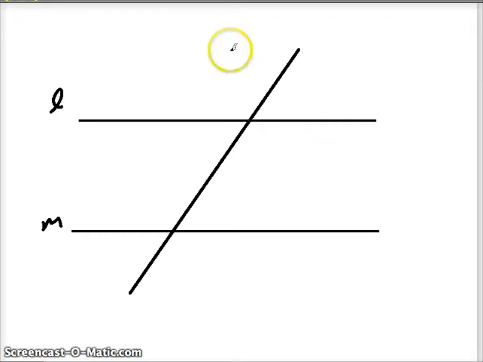Alright. Let's label our angles again here: 1, 2, 3, 4. It doesn't matter what these angles get numbered. We could give them all kinds of crazy different numbers. We're just calling these numbers their name.